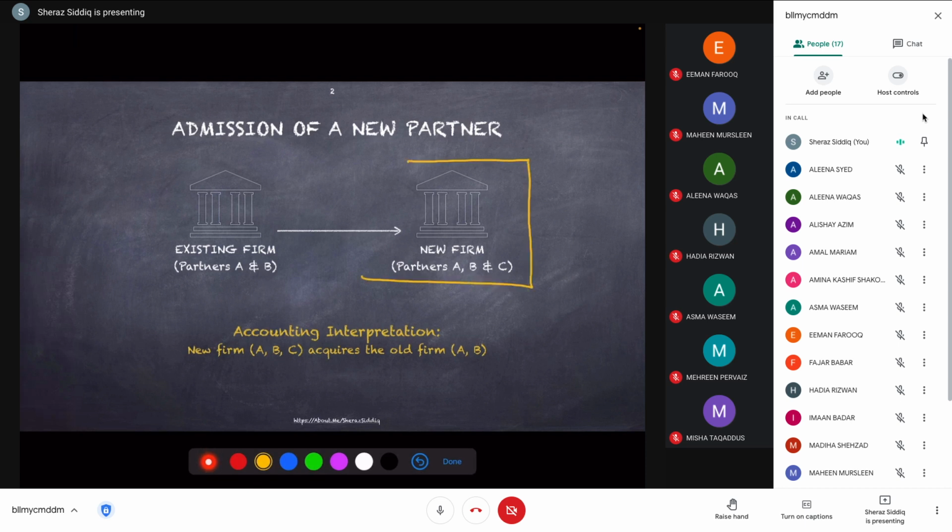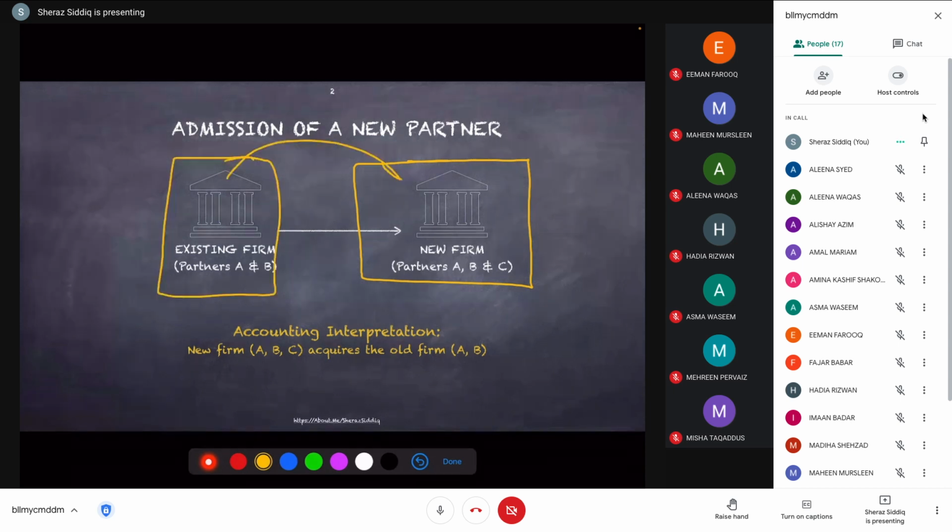This new firm is going to be created, and this new firm will be considered as a new startup. And since this new firm is going to take over the operations of the existing going concern, the owners of the new firm will have to pay goodwill to the owners of the old firm.